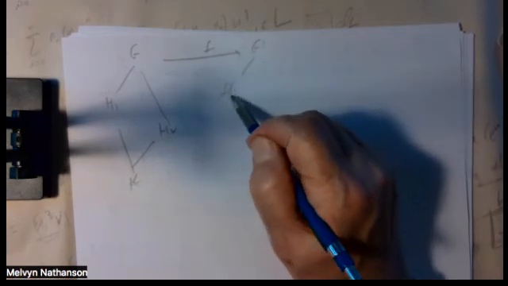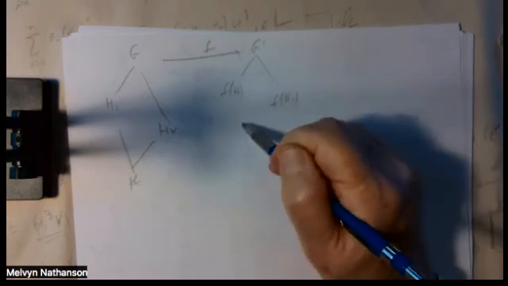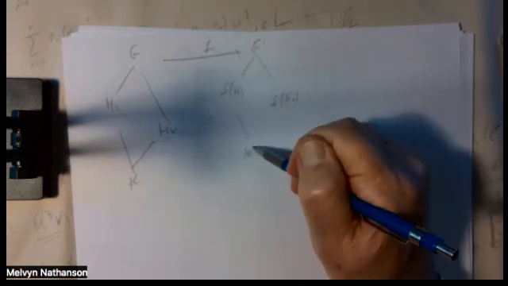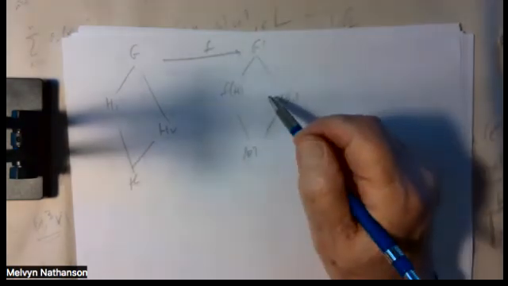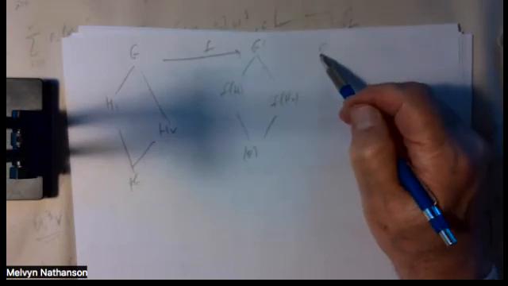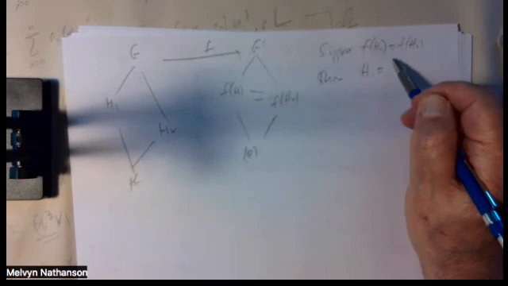And we have the image of H1, and we have the image of H2. And in fact, suppose F of H1 equals F of H2. These are equal. I want to show the subgroup H1 equals the subgroup H2.